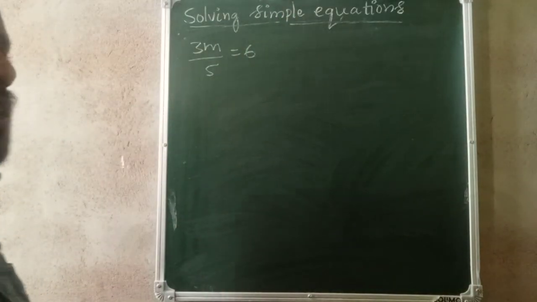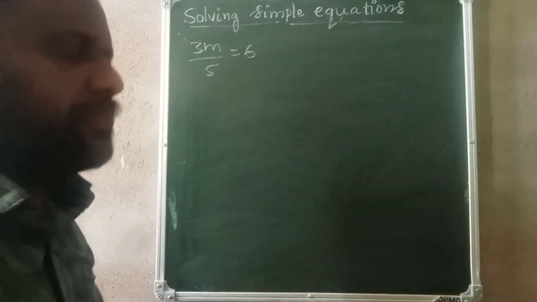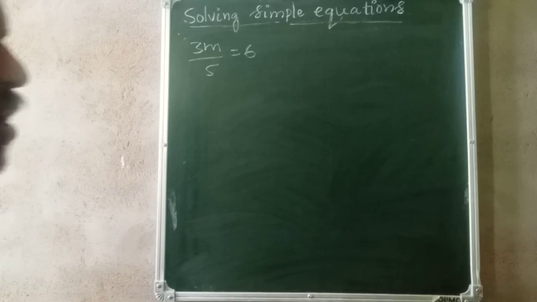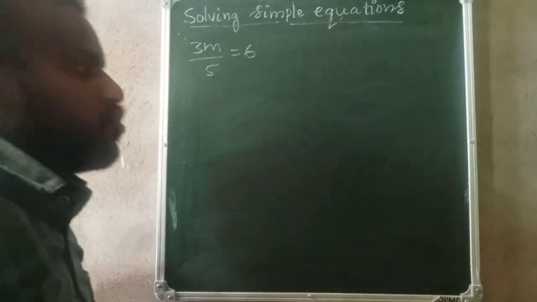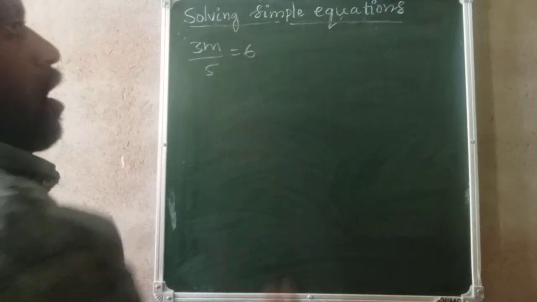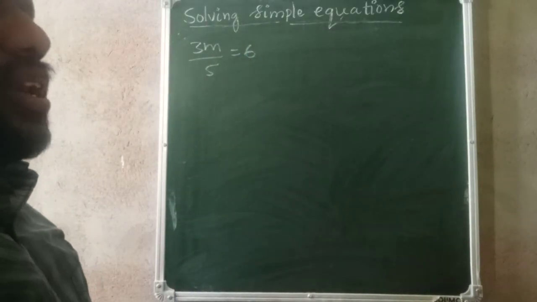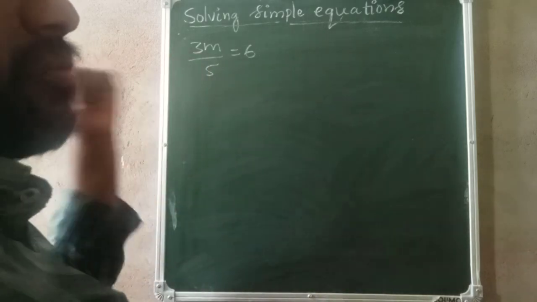So this is the next simple equation we are going to solve. Solve in the sense we have to find the value of the variable. So here the variable is m. The alphabet letter m is the variable. So we have to find the value of m.